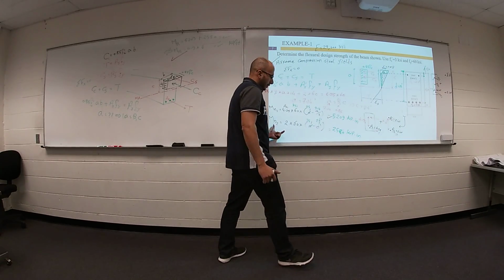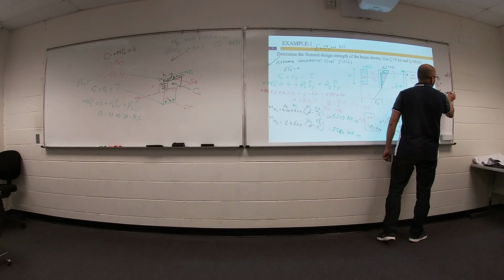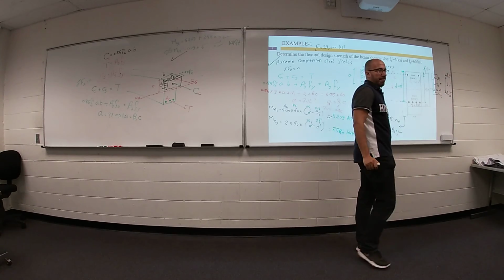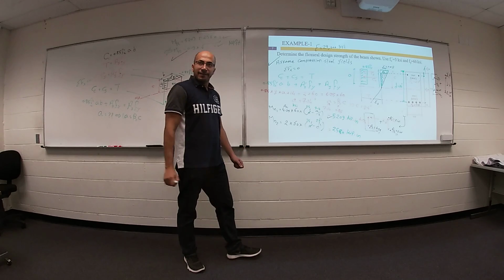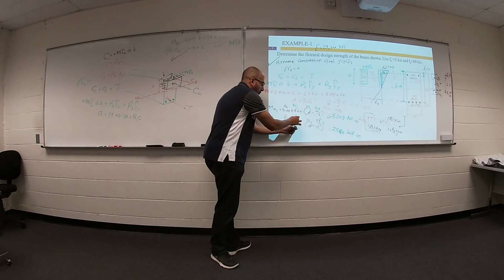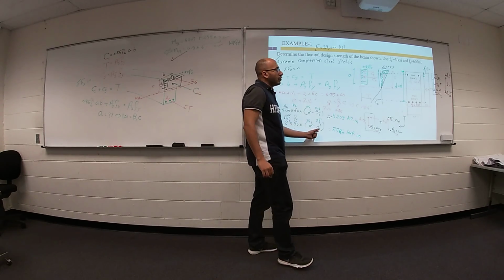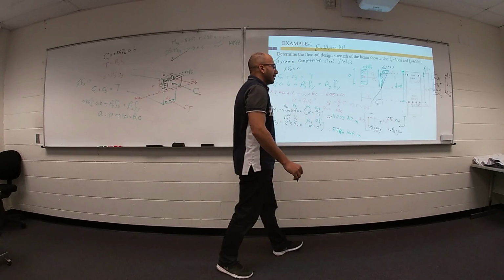Second part, we have compressive force in this one, we have tension force in this one, the distance in between is d minus d prime. Okay, so area steel times f yield, whatever area steel 2, or you can say area steel prime, both of them the same value, times your distance, you can get your nominal moment.